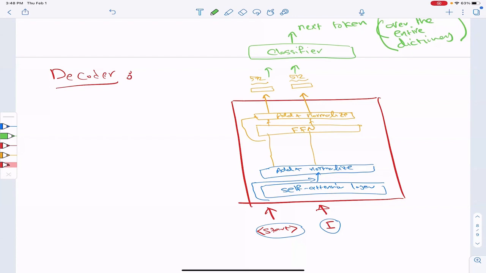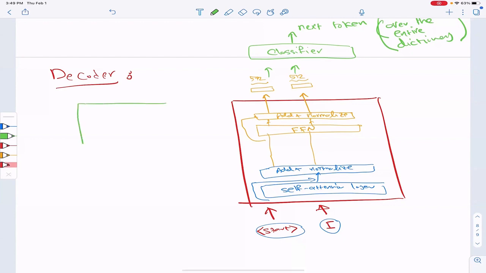So remember, the task is translation, right? So we did the whole part on the encoder just to encode the information of my input sentence and to somehow use it in the decoder, right? So that is the missing part.